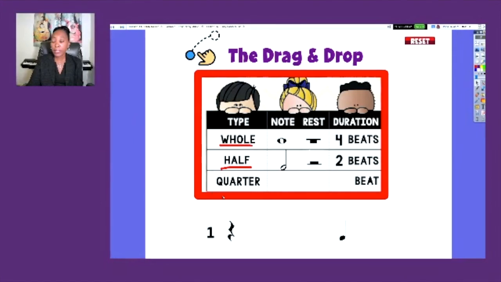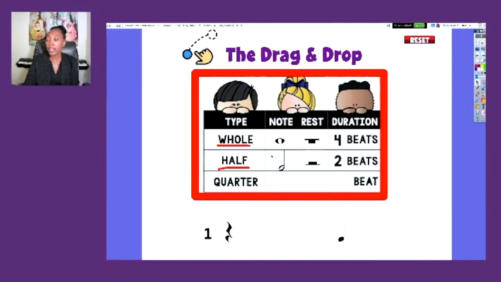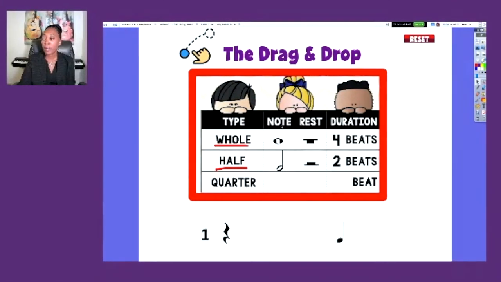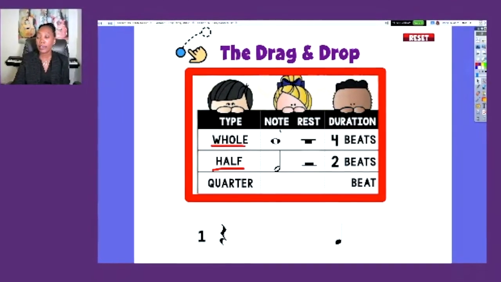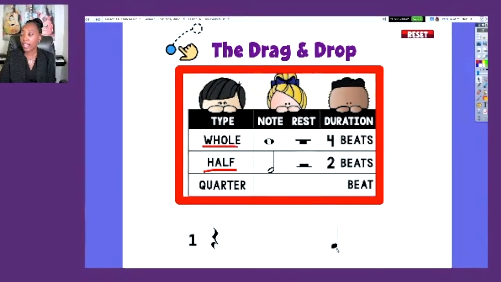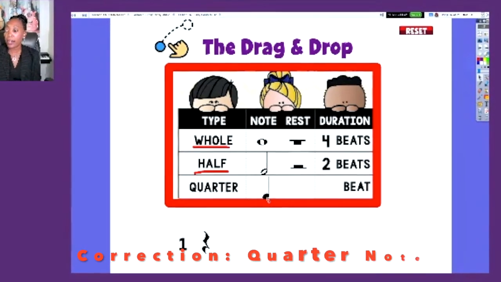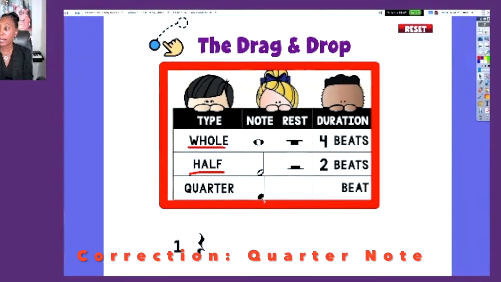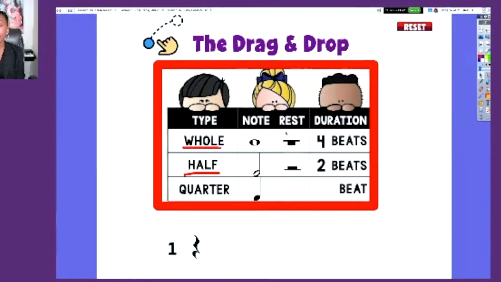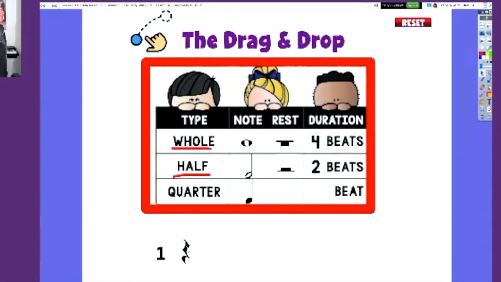And last but not least, we have our quarter note and quarter rest. The first thing we're going to talk about is which symbol is the quarter note. And we know it has a stem and a note head that is filled in. So we're going to drag our quarter note right there in that box. And then we have to find our quarter rest. And we know this is our quarter rest.